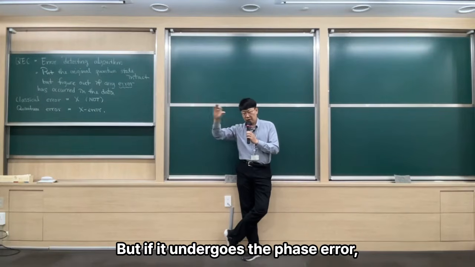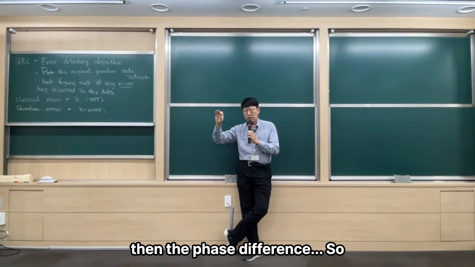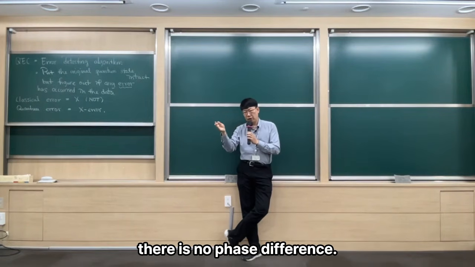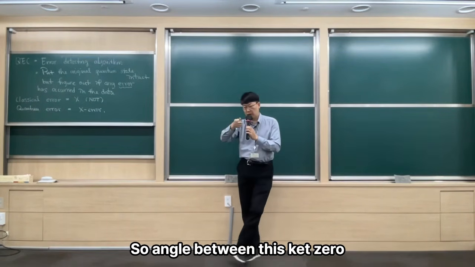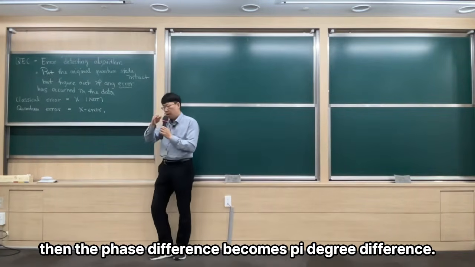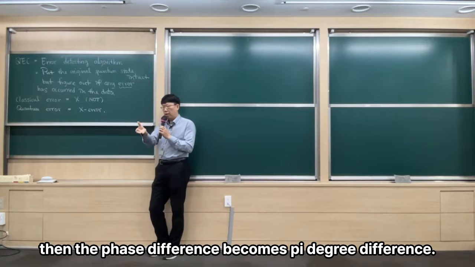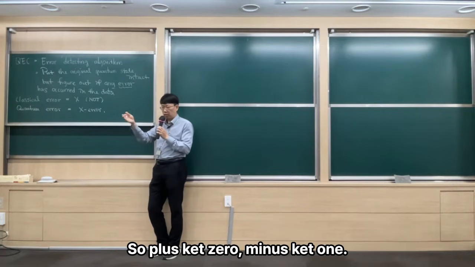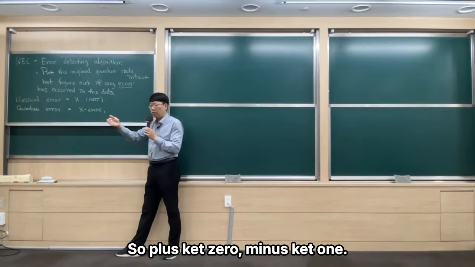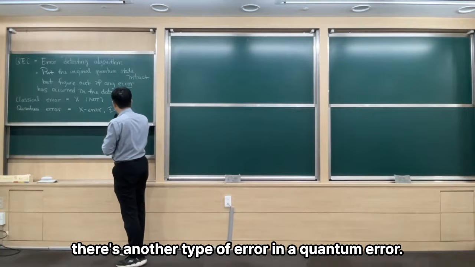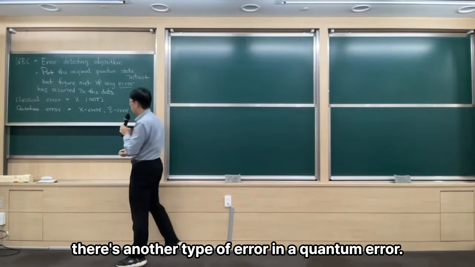In the plus ket state, there's no phase difference, so the angle between ket 0 and ket 1 is 0. But if it has a phase error, then the phase difference becomes pi, so it becomes plus ket 0 minus ket 1. So there's another type of quantum error.